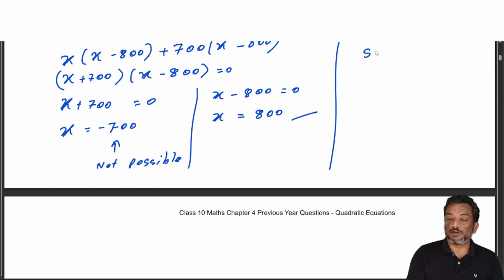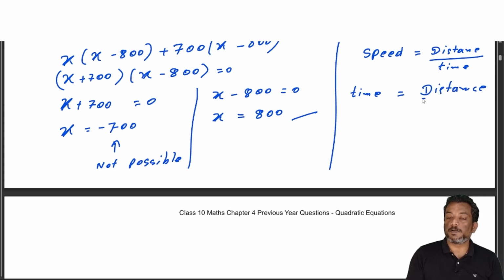Now this we will take it here, and already you know the equation. Speed is equal to what? Distance over time. Okay, distance over time. So we can find the time. So we can say time is equal to distance by speed. So how much you have? Distance is 2800 and speed you got 800.